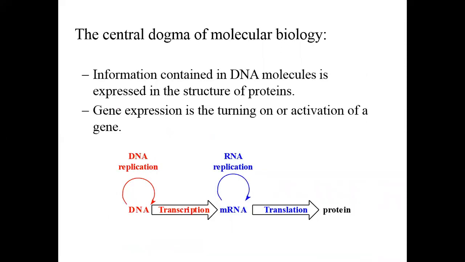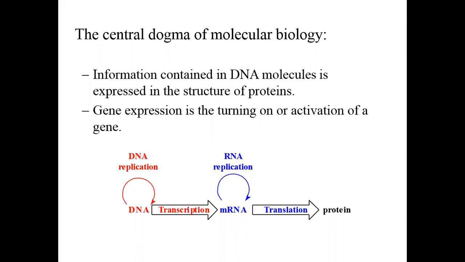I told you about the genetic information flow, and this flow of genetic material information in molecular biology is known as the central dogma. Basically the information contained in the DNA molecule is expressed in the structure of proteins.